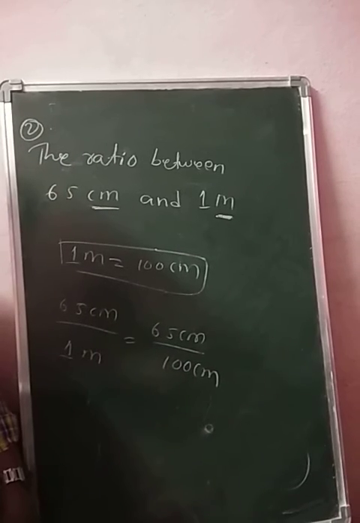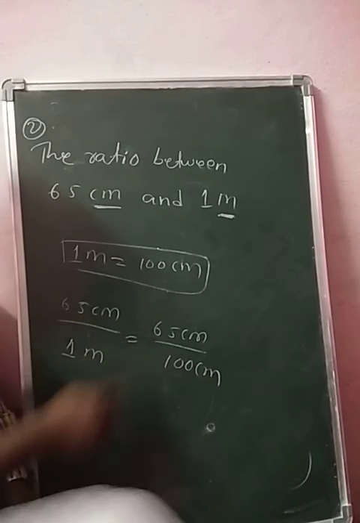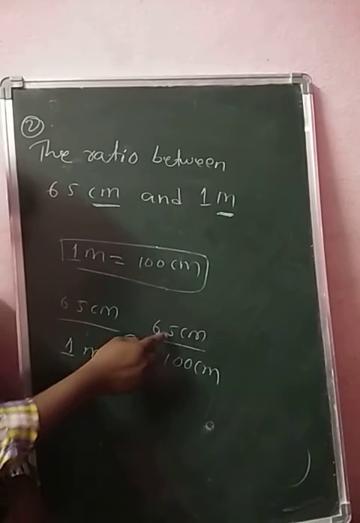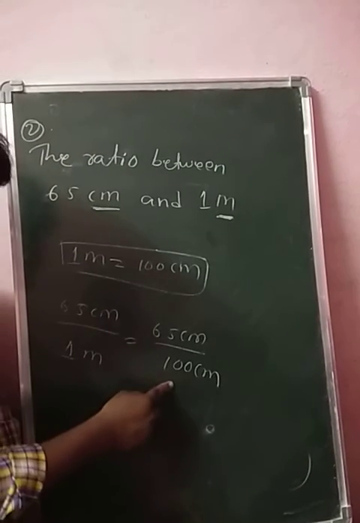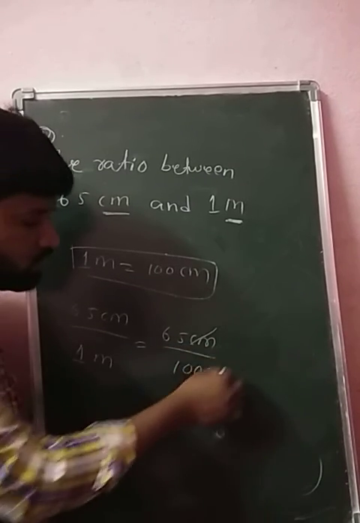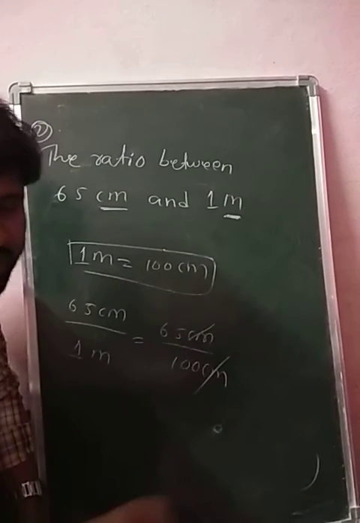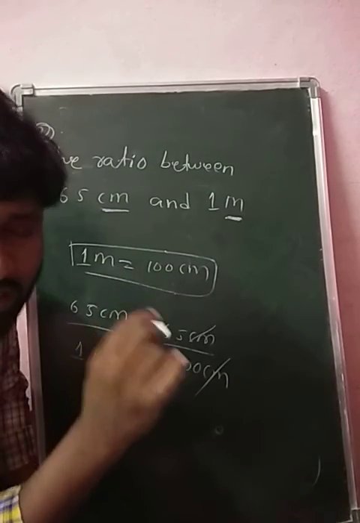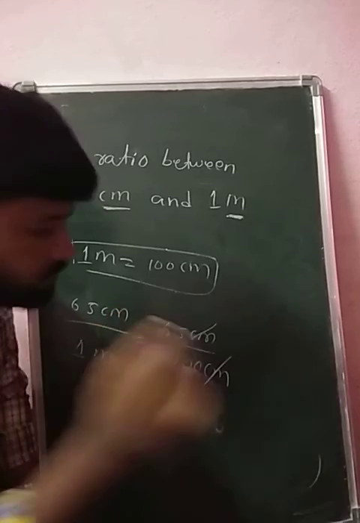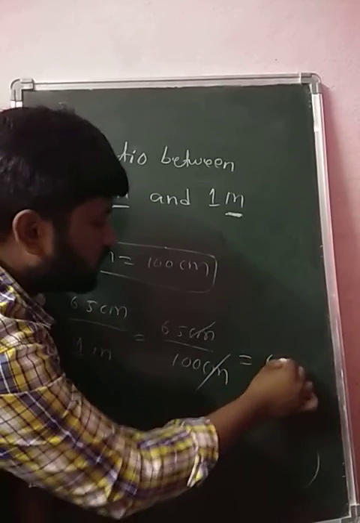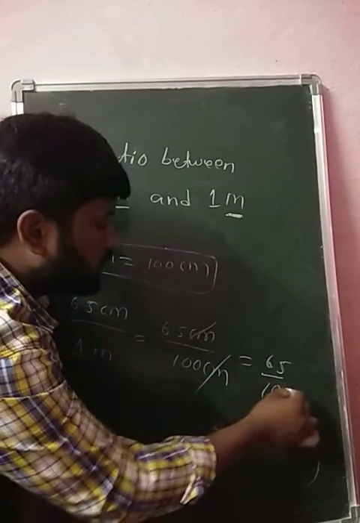Centimeter cancels because a ratio has no units. Now 65 by 100.